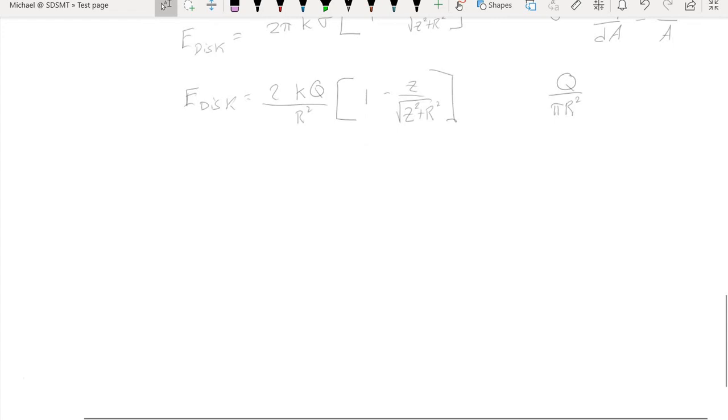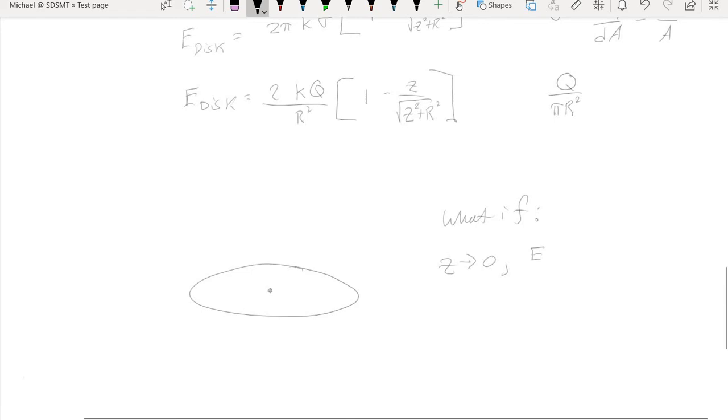Alright, so now that we have that, we can play the what if game. So what if we let z go to 0? What happens to the electric field?